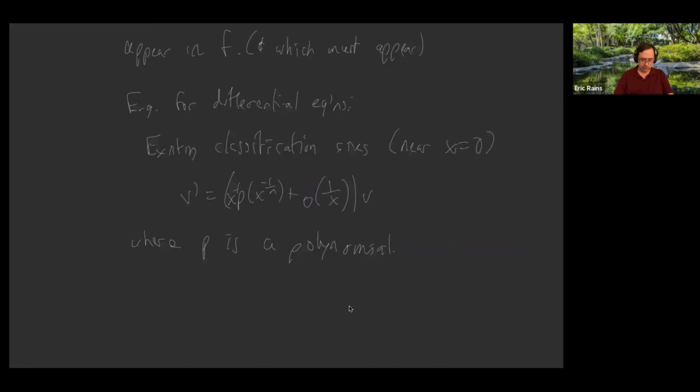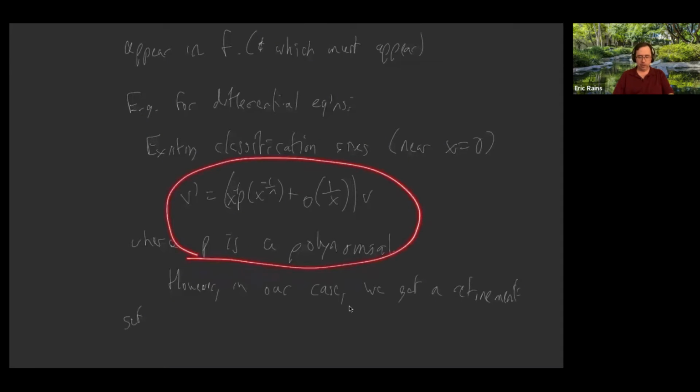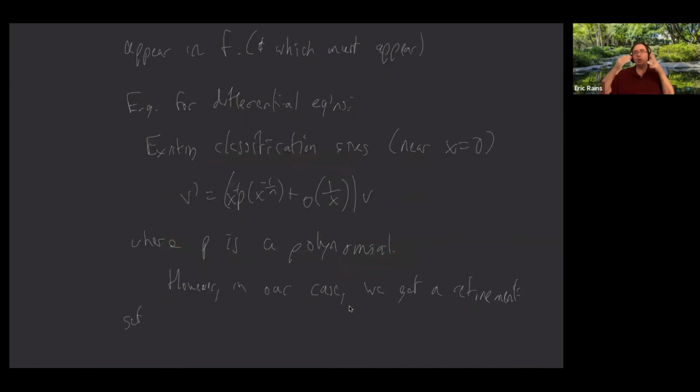Okay. However, in our case, the classification coming from surfaces, we get a refinement. So in particular, in the existing classification, basically the only gross information you get is n, i.e. what root are you taking, and the degree of p.